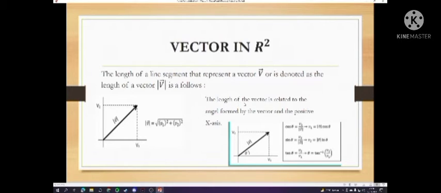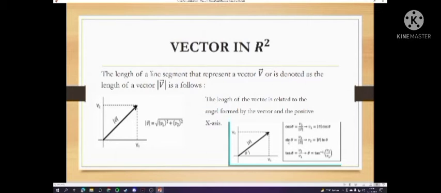The length of the vector in relation to the angle formed by the vector and the positive x-axis. And this picture, when you search cos theta equals v1 over absolute value v, becomes v1 equals absolute value v cos theta.